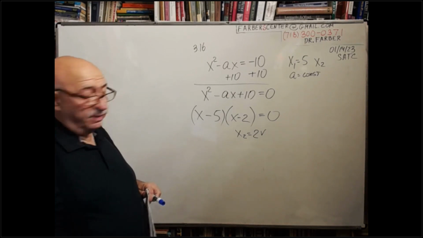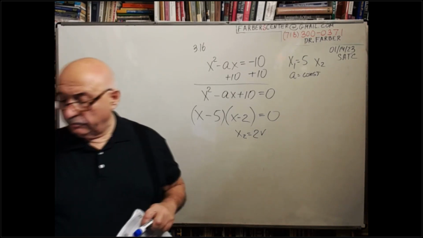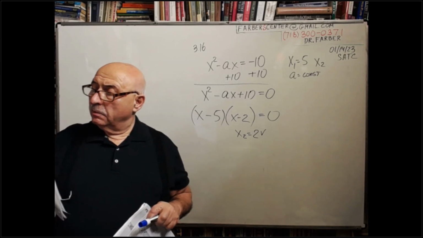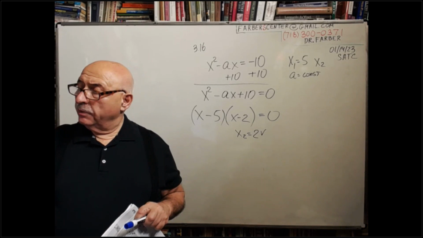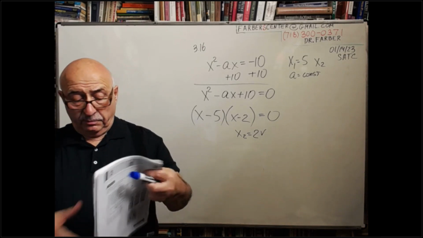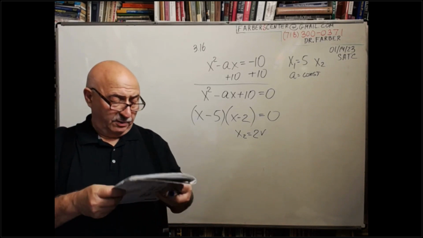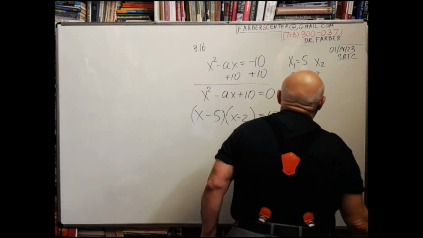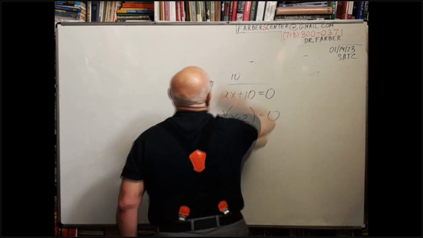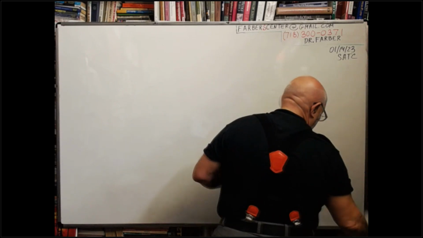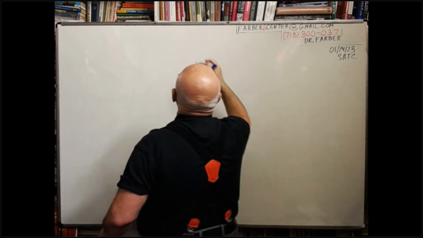The next is Diana, 318. It was your question. What is 318? Read it, please. In the figure above, line l is parallel to line m. What is the value of b? Thank you.